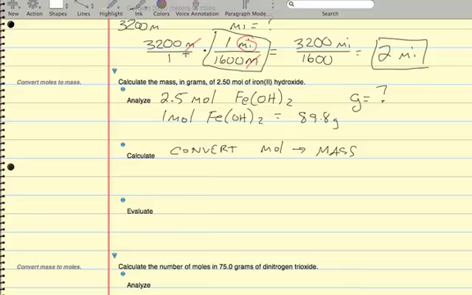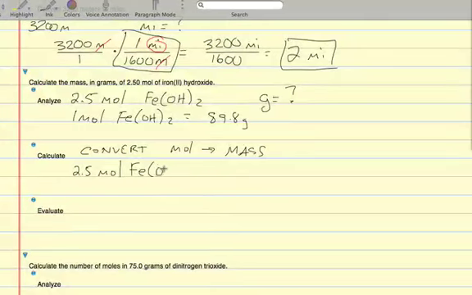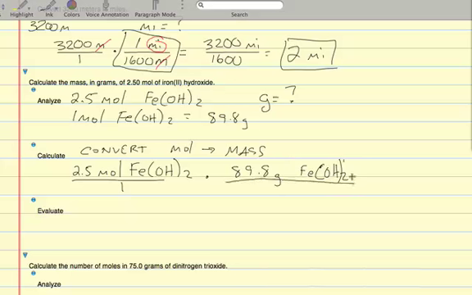And so, much like up here in the previous example, we start with what we know, 2.5 moles, and I like to put that over the value of 1, make it a fraction, times the molar mass. Alright, we are trying to cancel the moles out.